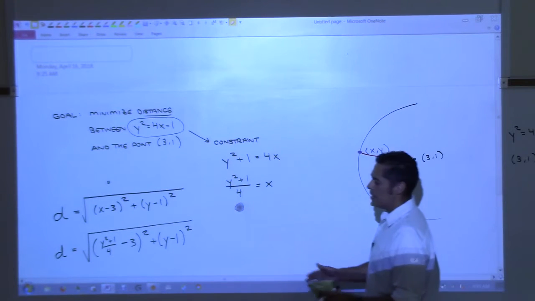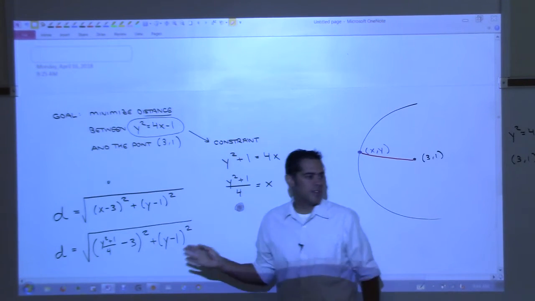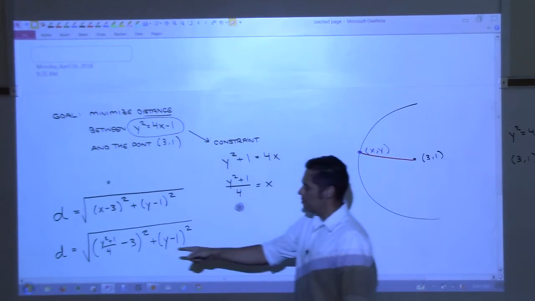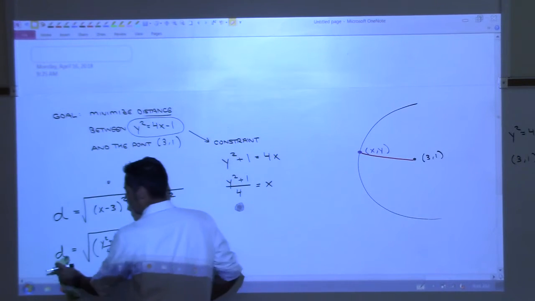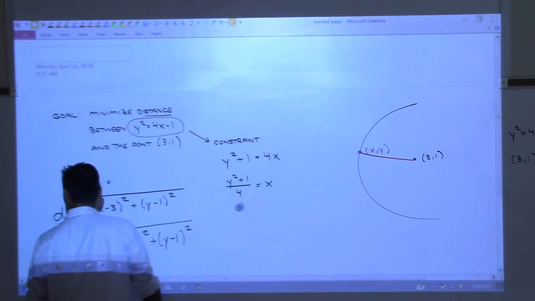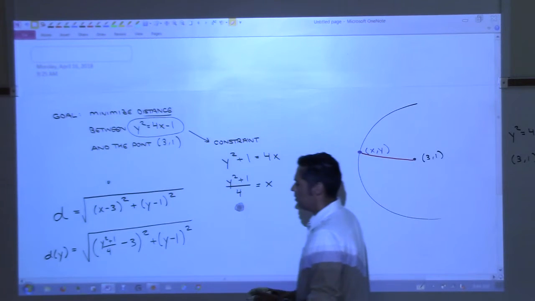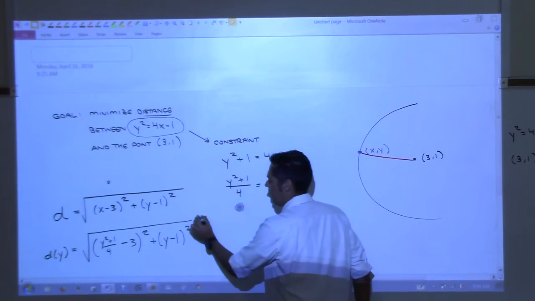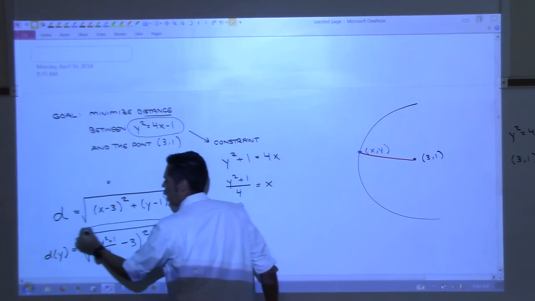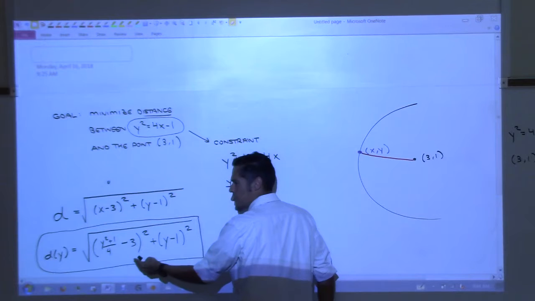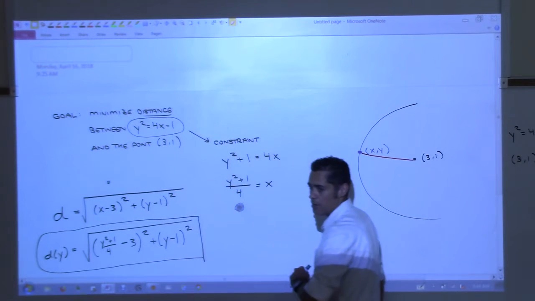Do you agree that this is now a function of a single variable? In fact, I probably should have written d of y instead, and I think I'm going to do that. I'm going to write d of y. That way, everyone is aware of the fact that I have now reduced this equation with 2 variables into a function of a single variable, and then I can do calculus.